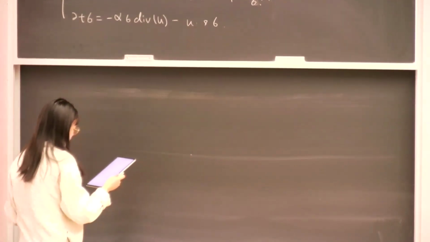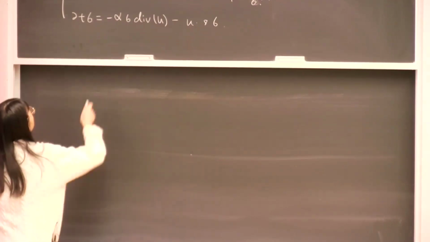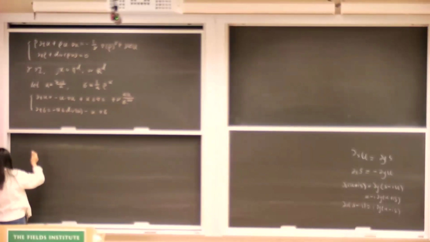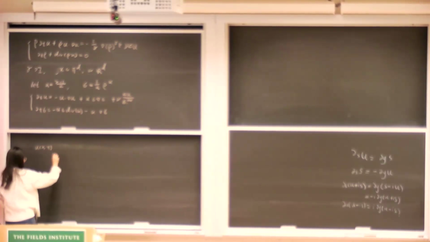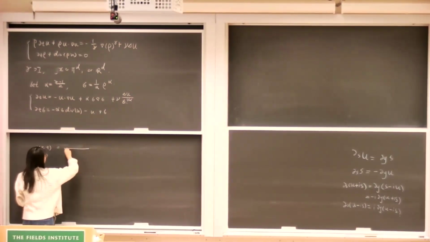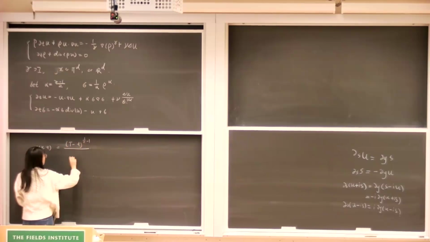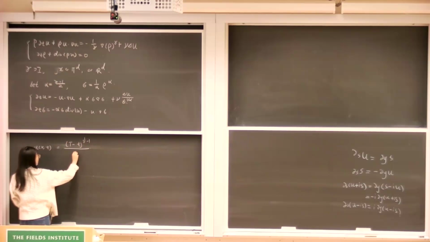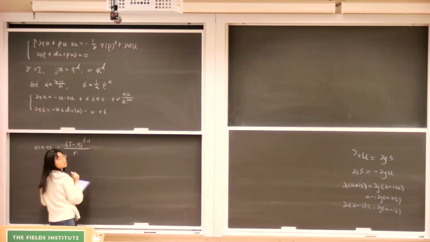For the self-similar solution for the compressible Euler, the scaling will look like this. u(x,t) is this. So we have a one-parameter family that you can choose, which is small r, always greater than 1.